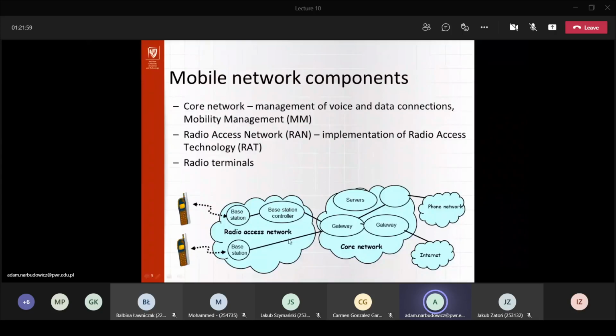There is a base station controller, and this part is actually the access network. Radio, because it's communicating over radio. So this is a typical access network with multiple branches, with communication throughput that is high, but moderately high, I would call it.